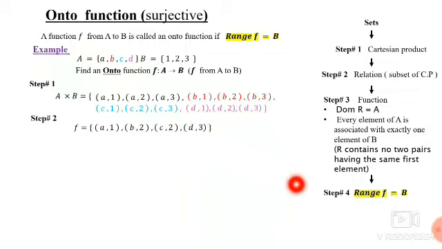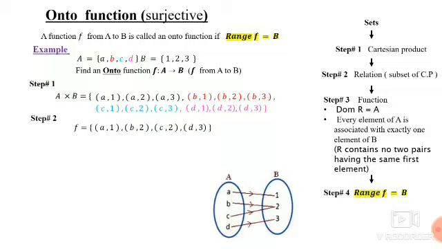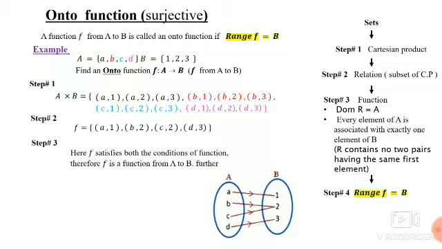Next we will check this condition, that whether the set of range is equals to set B or not. Here we can see that the set of range which will be equals to 1, 2 and 3 is equals to the set B. So the condition for being an onto function is satisfied here.